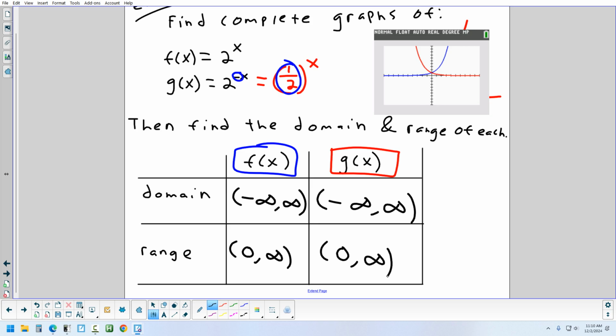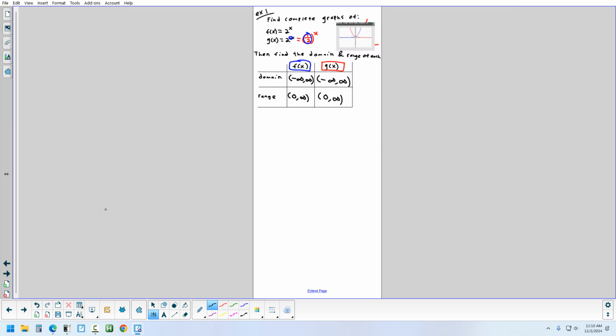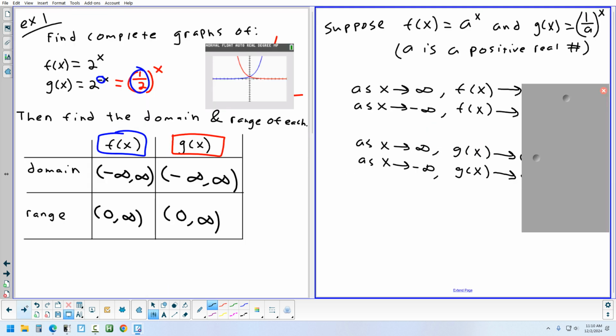So that's a chart that describes an exponential growth and an exponential decay graph. That was specifically if the base was a 2. If the base is a 3, a 4, a 5, it doesn't really change this chart. That's what I want to generalize over on the right.